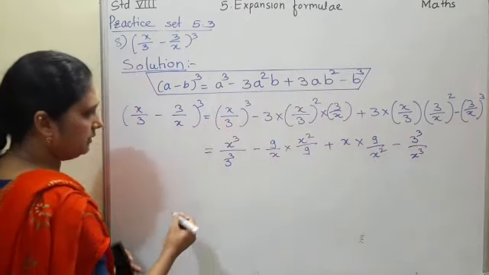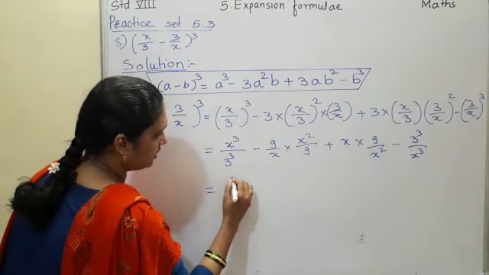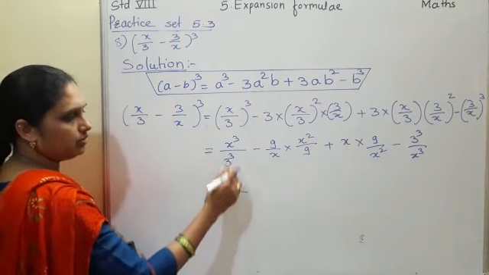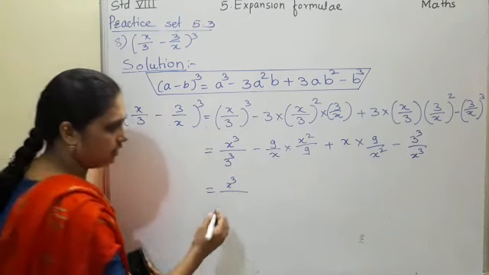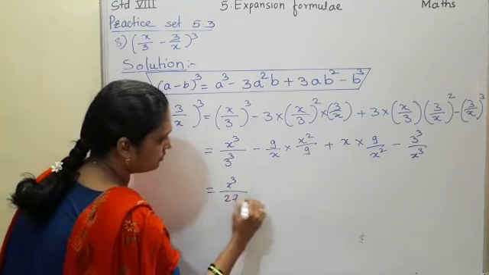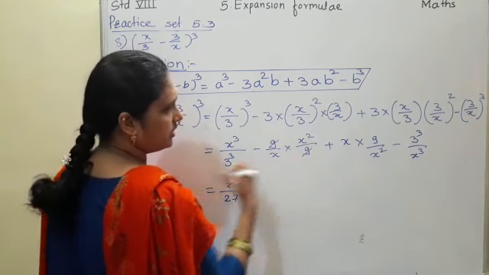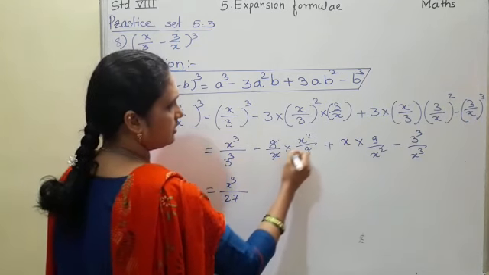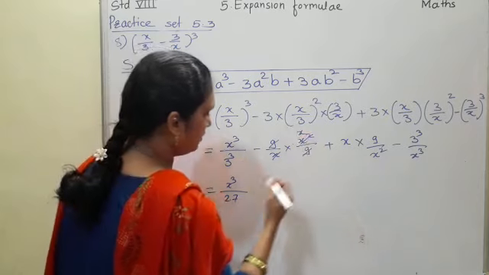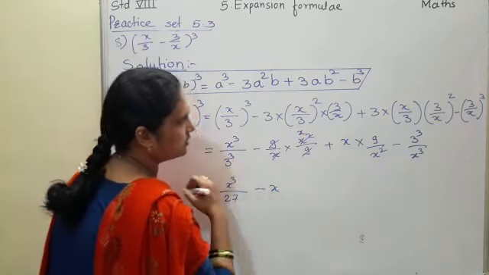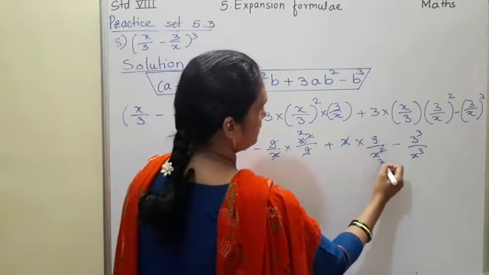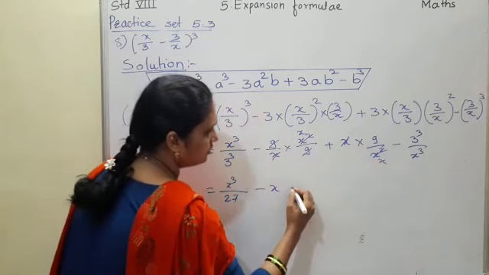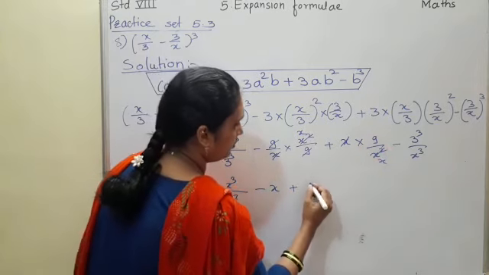Further multiplication: now we can find 3 cube. 3 3s are 9, 9 3s are 27. So 3 cube is 27. 9 gets cancelled, x gets cancelled, 1 x is remaining. So minus x. From here also x and x are cancelled, so the next term is 9 upon x.